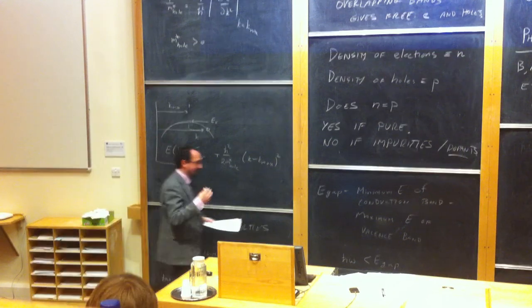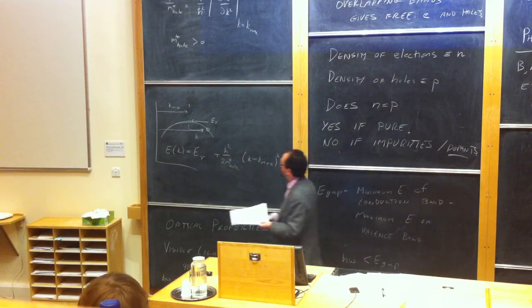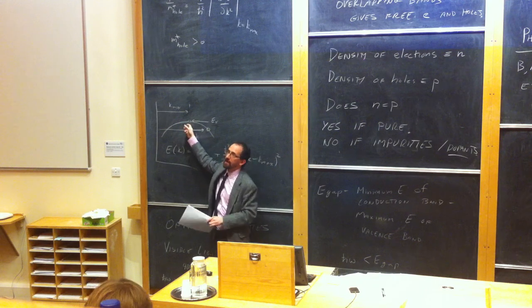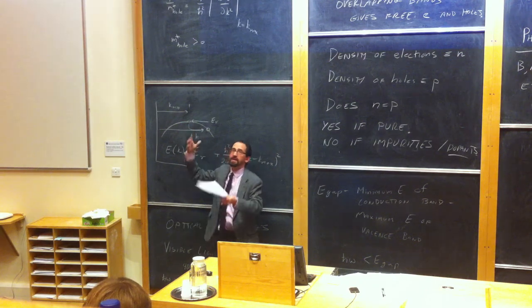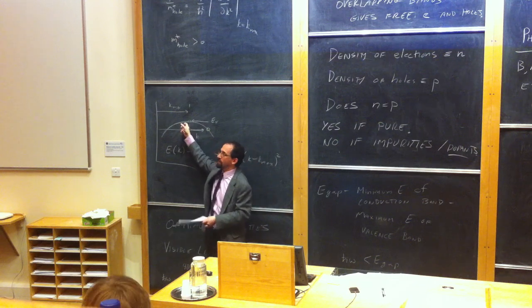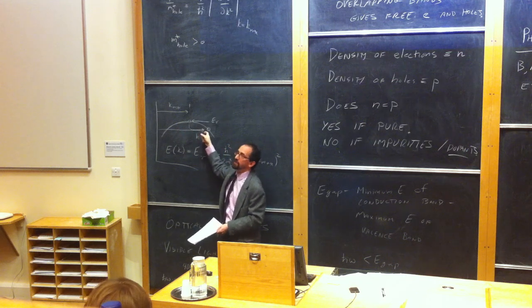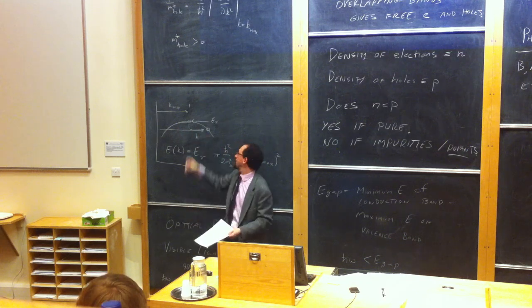Let's try to understand this a little more intuitively. It's like pushing a balloon underwater. The balloon wants to be on the top because the water wants to be as far down as possible, so the hole wants to be as far up as possible. It takes energy to push that balloon underwater, to push it down to a lower point.